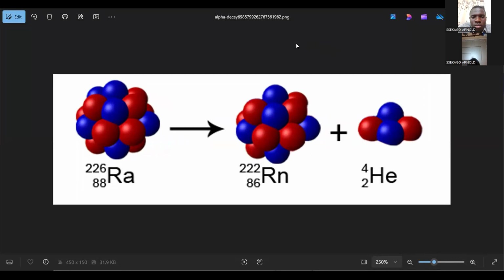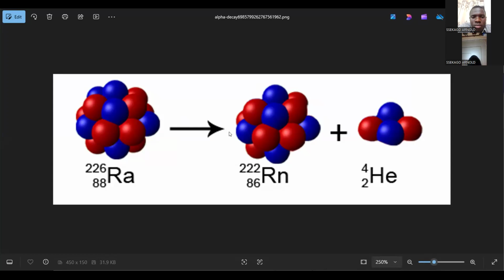The heading of this sample material is emission of alpha particle by radium. Radium, the spelling is R-A-D-I-U-M.